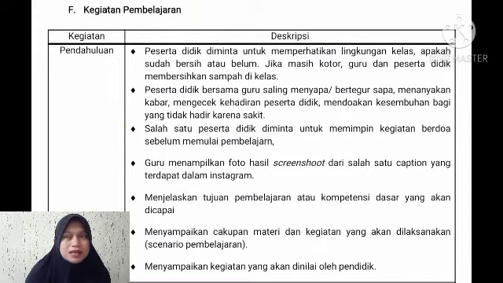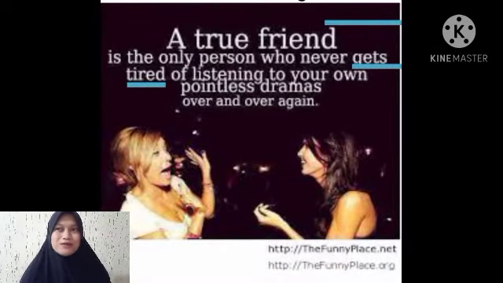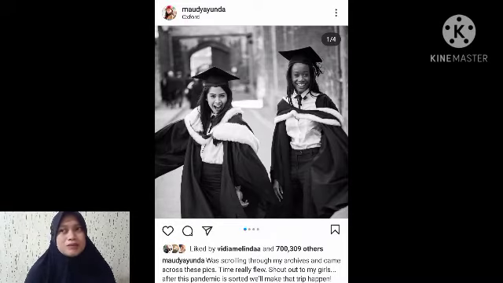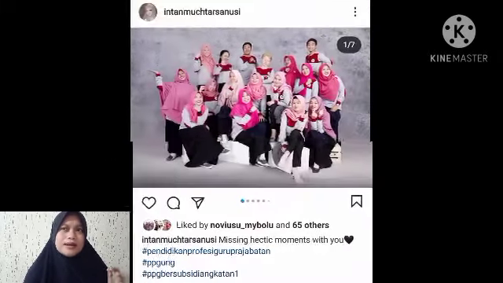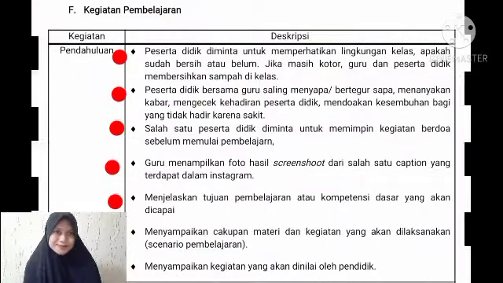So for my perception here, I will show the slide of the screenshot of the caption that I took from Instagram. It will make students relate to their experience or their knowledge that make them understand about the topic that day.